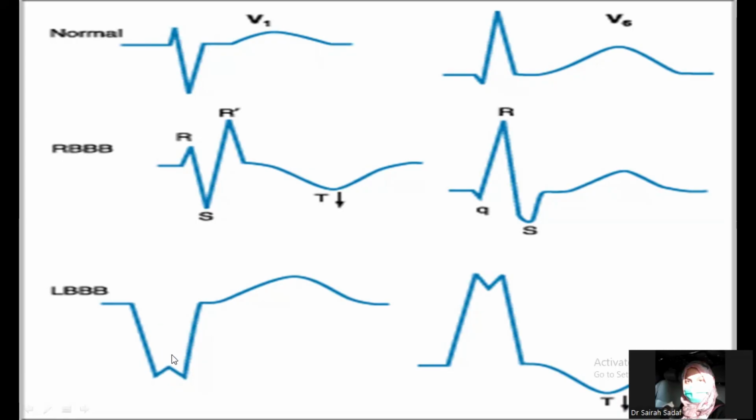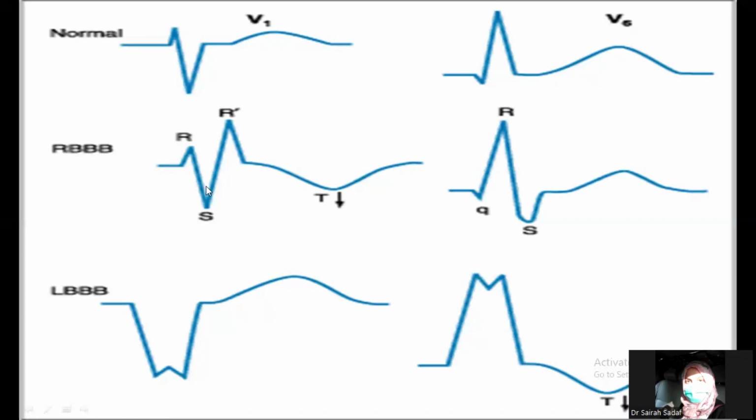There will be an R wave, but there will be an S wave in lead V1, but it will be deeper, broader, and it will be notched. W, William. Have enhanced S wave and enhanced exaggerated R wave in respective leads, and this will make a shape of W, and this will make a shape of M.